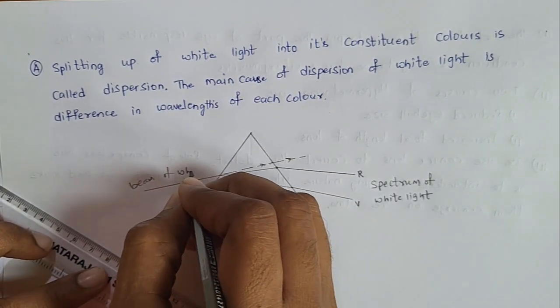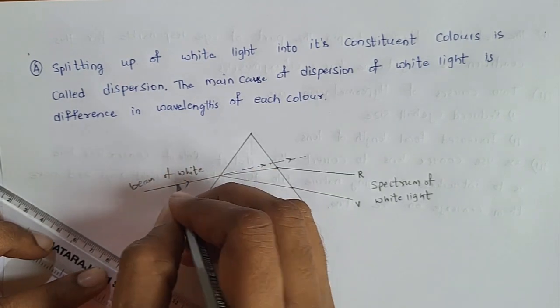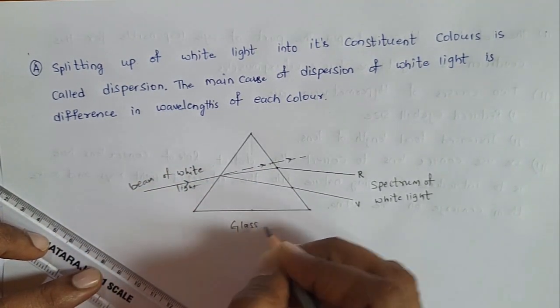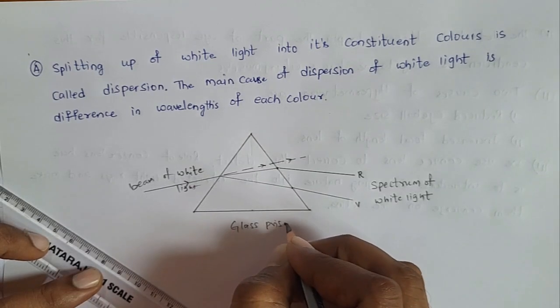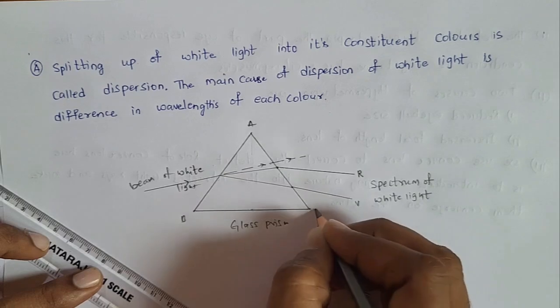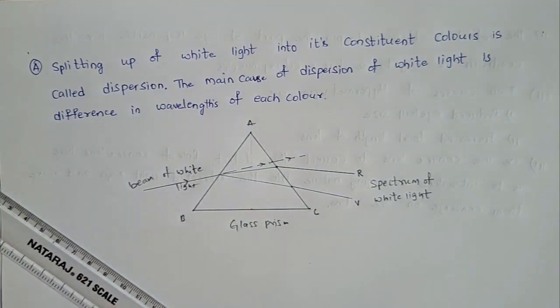This is a glass prism. So name this prism as A, B and C. So this is how the light rays are going to get dispersed.